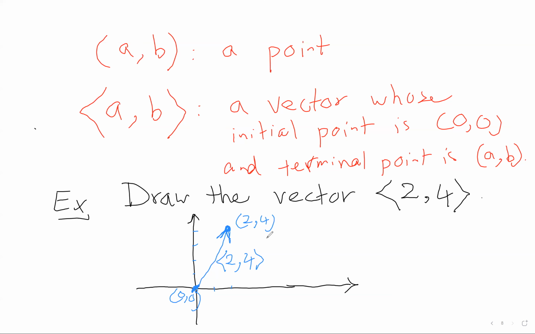Okay, so now you might wonder that if the initial point is not the origin of the coordinate system, how can we use the same notation to show a vector? So let me give an example.